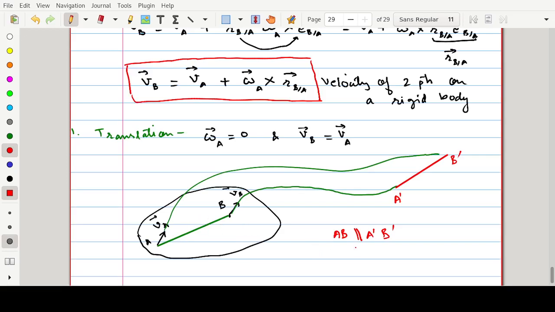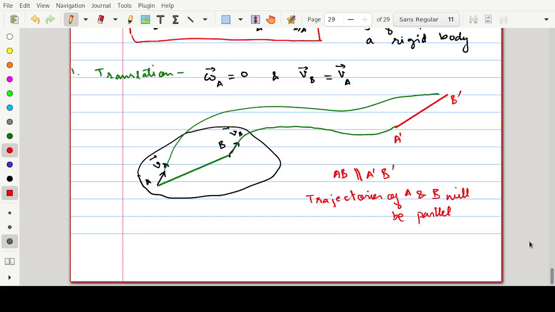The line joining AB and these trajectories will be parallel. Why? Because there is no rotation of vector RAB.